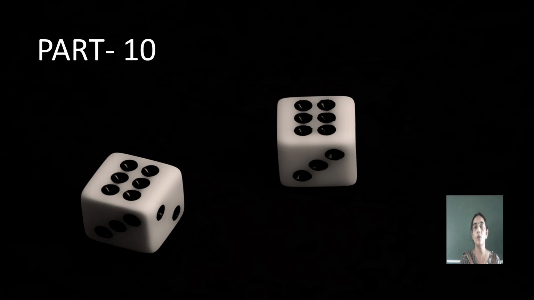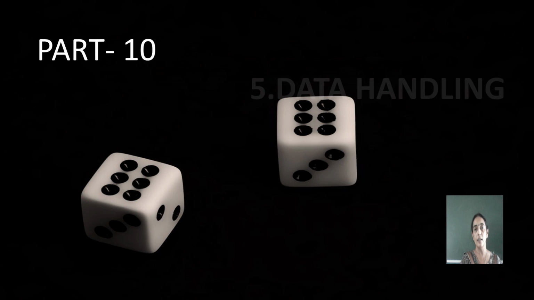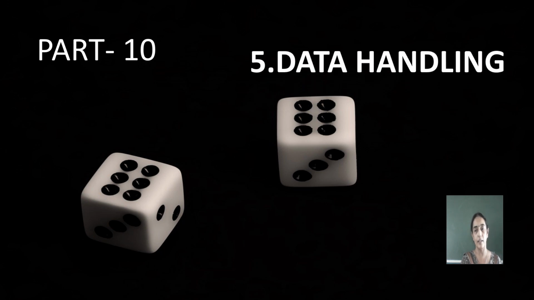I also hope that you remember the formula for finding the probability. If not, go through my video of part 9 so that you are first clear with all these concepts. Then only start with part 10 of data handling.